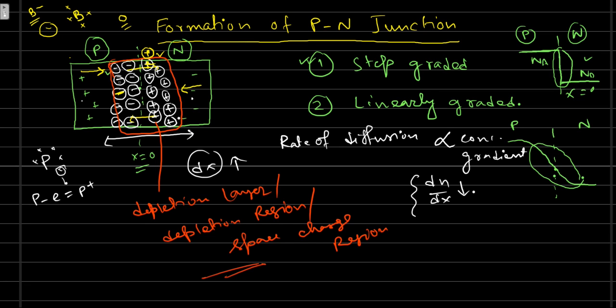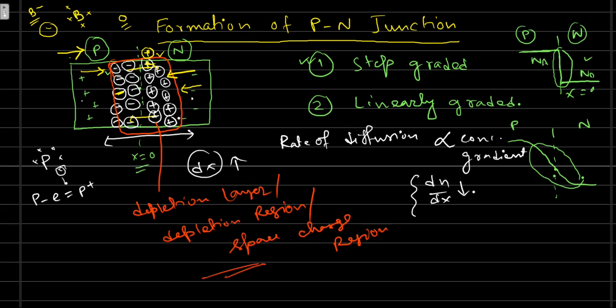So initially there were no positive and negative ions, so there was no such repulsion force. But now gradually when the charges are built up and the depletion layer is formed, the repulsion force magnitude will increase. Suppose we are talking about a hole: the diffusion force acts in this direction, holes try to diffuse from P to N side, and the repulsion force acts on the hole in just the opposite direction.